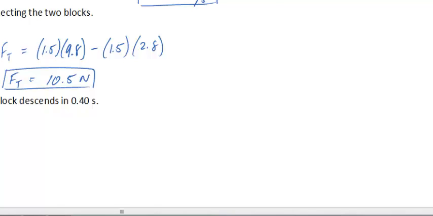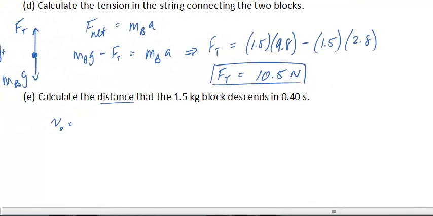One important point: it does say distance, so I'm not worried about positive or negative direction. It's just a number of meters. And this is a kinematic problem, right? I know the initial velocity, it tells me in the problem that everything starts from rest. I know the acceleration is 2.8 meters per second squared. This part gives me the time of 0.4 seconds.